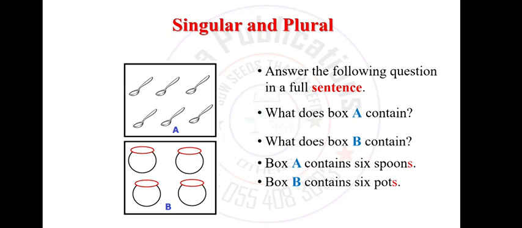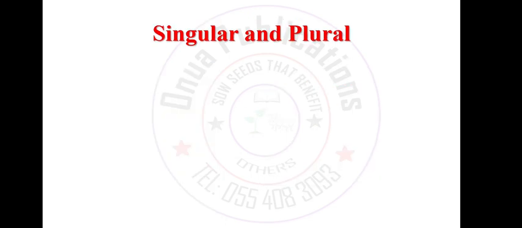The S at the end of the singular makes the noun plural. We are going to observe the rules: how to write the plural of nouns and also how to pronounce them. All right, let's move on.